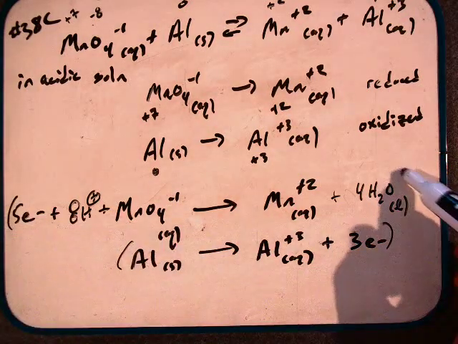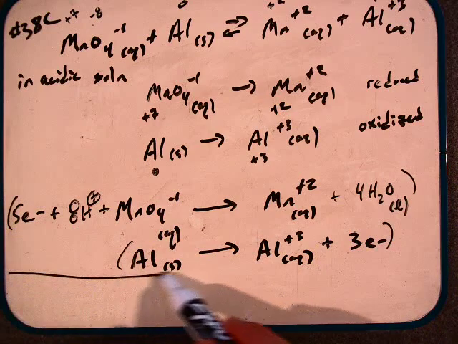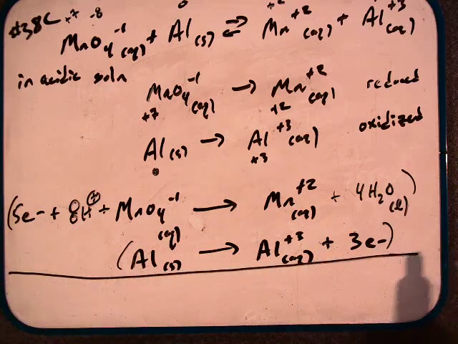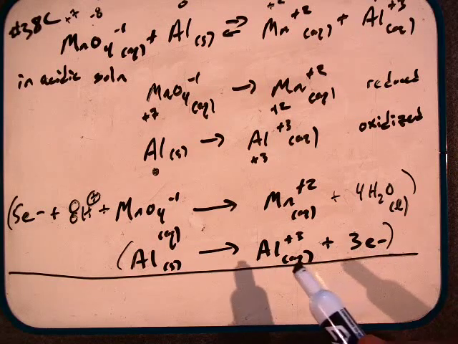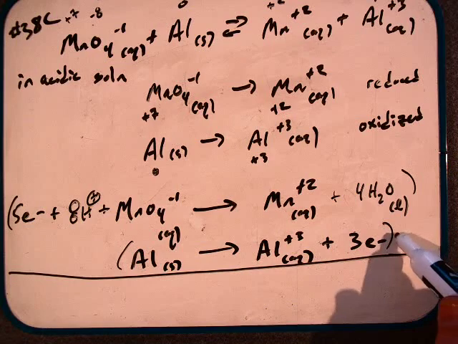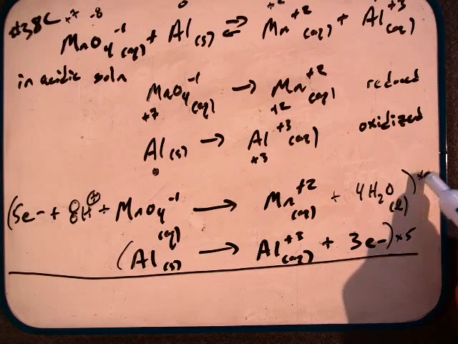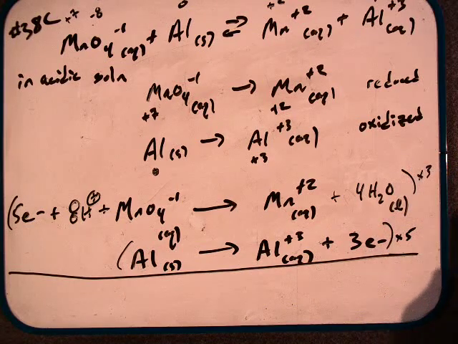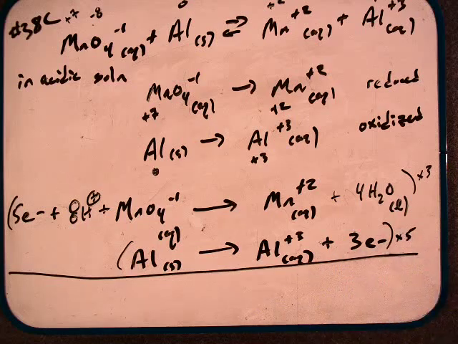But we want to multiply through both of these now before we add them together to get the whole redox equilibrium, to make sure that their electrons are actually equal. So we're going to multiply the bottom by 5 and the top by 3 to make sure our electrons are balanced out.